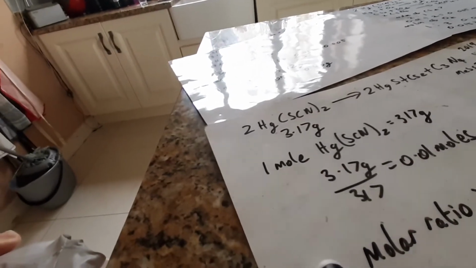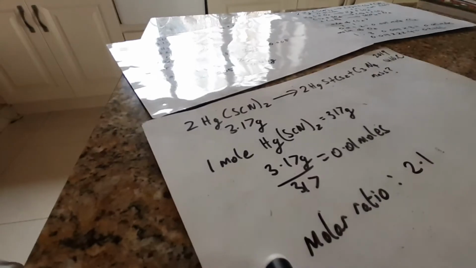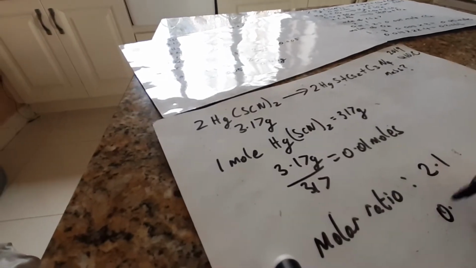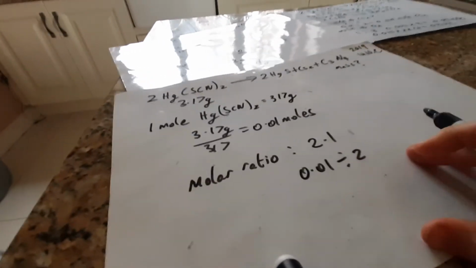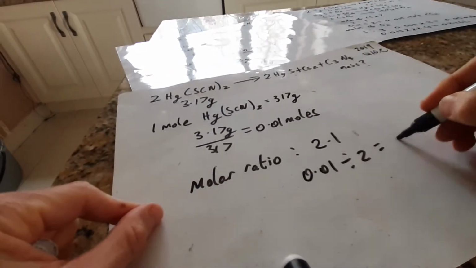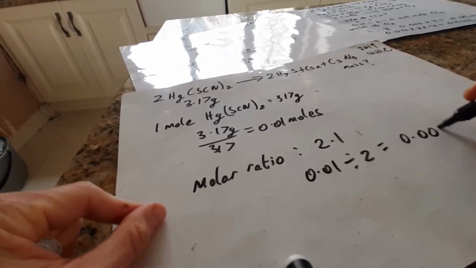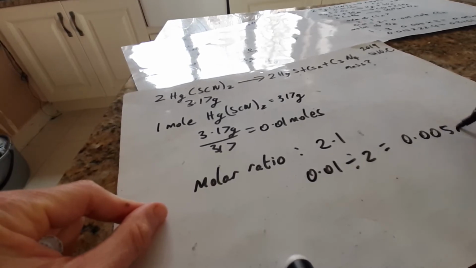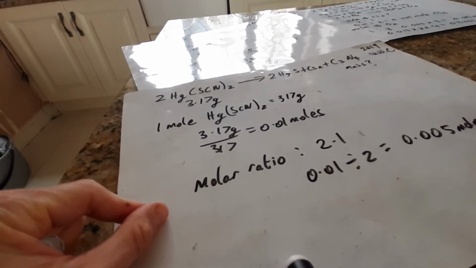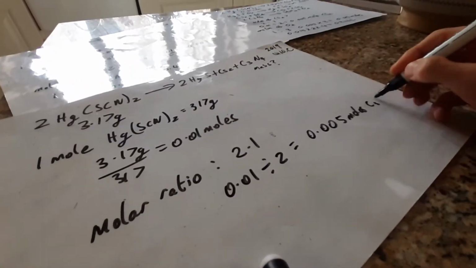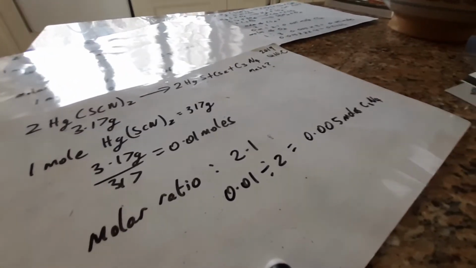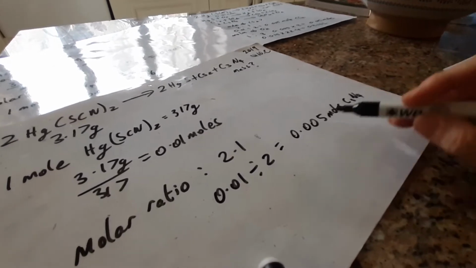So if we started with 0.01 moles, we're going to divide that by 2. You see that there? Sorry, I'm getting my angles all wrong this morning. That is 0.005 moles of C3N4. Like that. So that's the amount of moles of C3N4 I got.